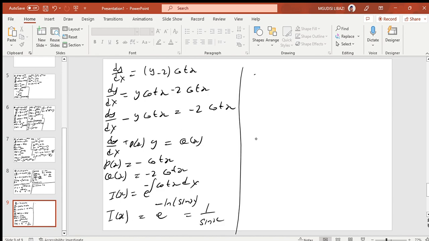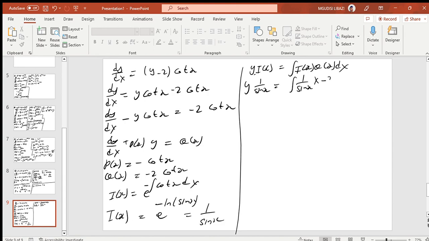And now we can have y multiplied by I of x, which is going to be integral of I of x multiplied by q of x multiplied by dx. Then that's y multiplied by 1 over sine x, which is equal to integral of 1 over sine x times q of x. And what was our q of x?